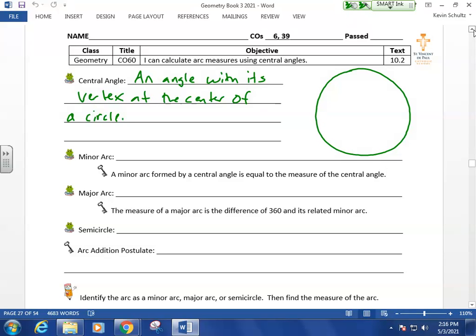But now we make it official. You should recognize some of these things we talked about then. So let's draw in a central angle. We're going to make our center of the circle there, and let's draw this out like that, okay? And here's point A, and here's point B.